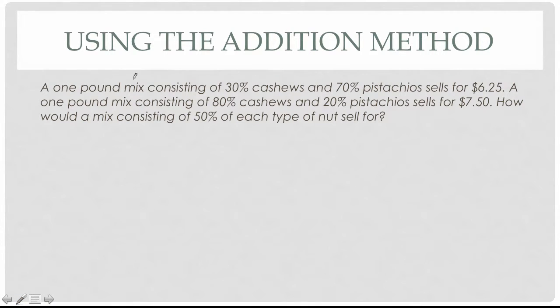We know we have 1 pound of mix, so 30% of 1 pound would be 0.3 pounds of cashews and 0.7 pounds of pistachios, right? Now, if it's 0.3 pounds, the unknown is the price per pound of cashews, right? I don't know how much that is.